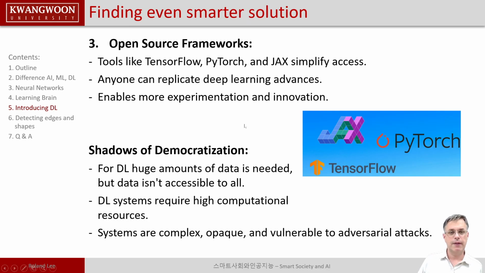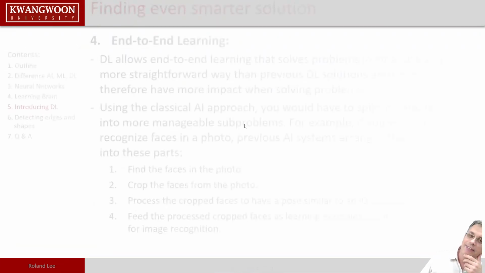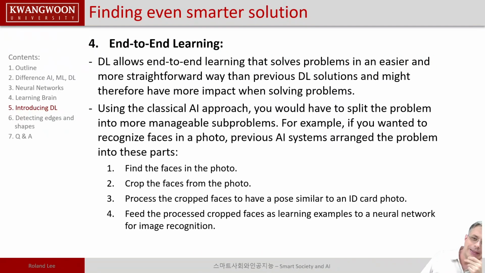Now, the next stage is end-to-end learning. So we arrive at end-to-end learning, which means that it solves problems in an easier and more straightforward way than previous deep learning solutions, and might therefore have more impact when solving problems.